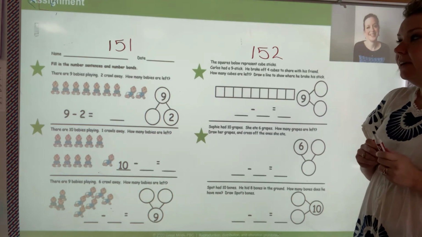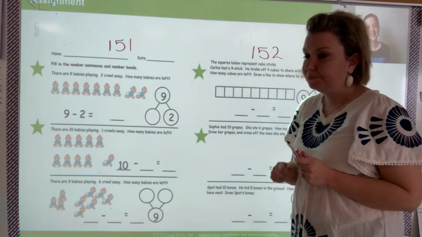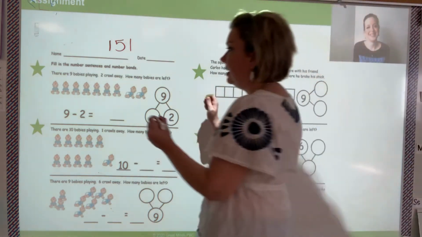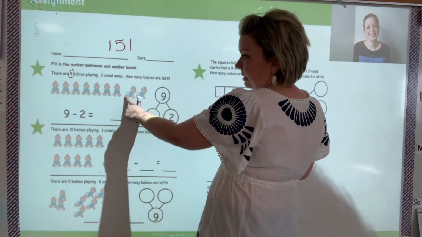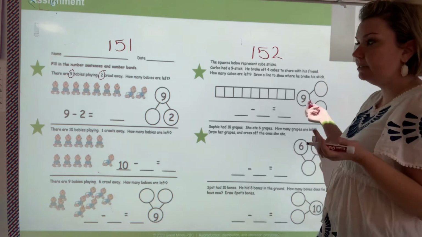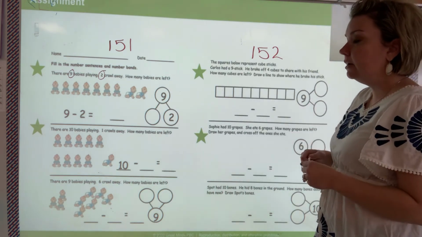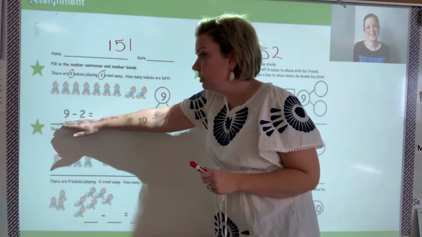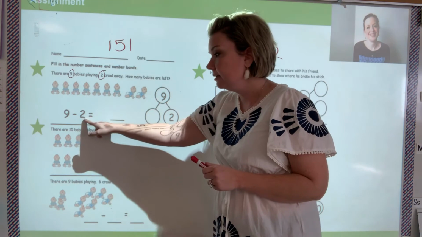Okay, let's look here at our first one. There were 9 babies playing. 2 of the babies crawled away. How many babies are left? Here, our number sentence shows us the whole and the part that are crawling away.